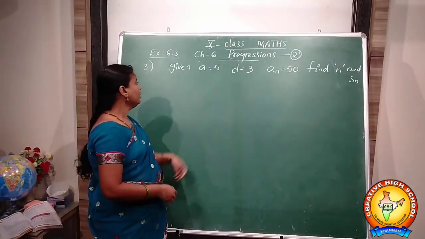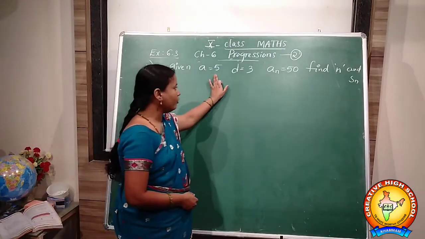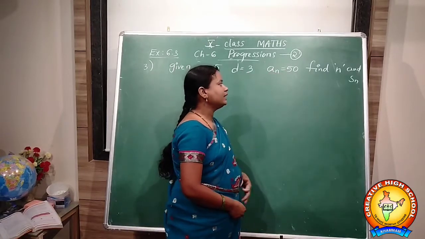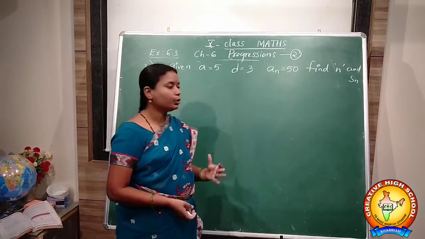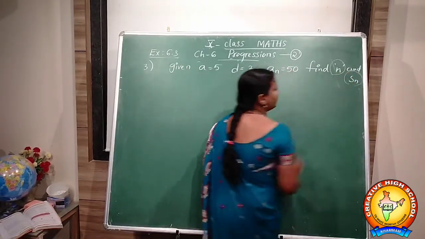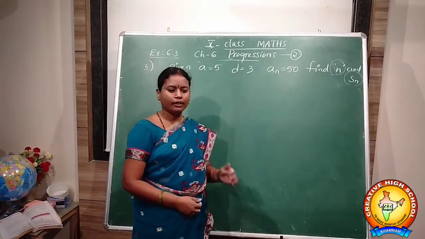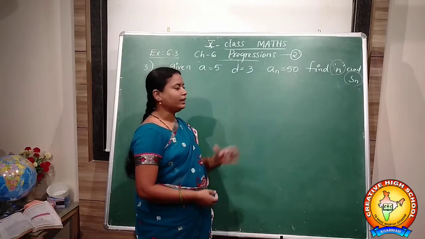See here, a value is 5, d value is equal to 3, an is given, that is 50. From this information, we have to find the values of n and also Sn. First, let us try to find the value of n, because if we know the n value only, then we can find the Sn value.